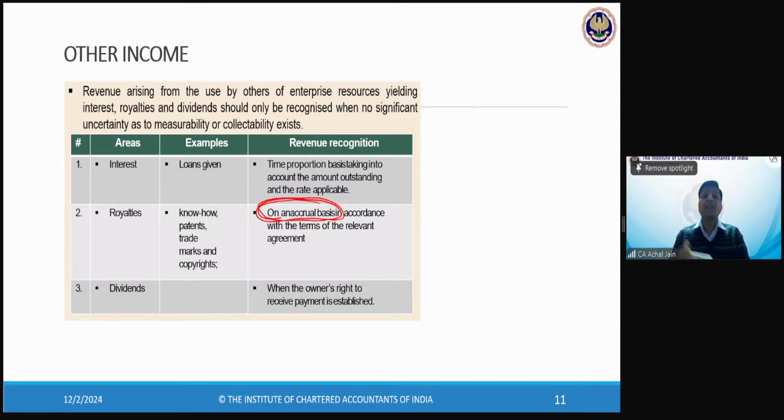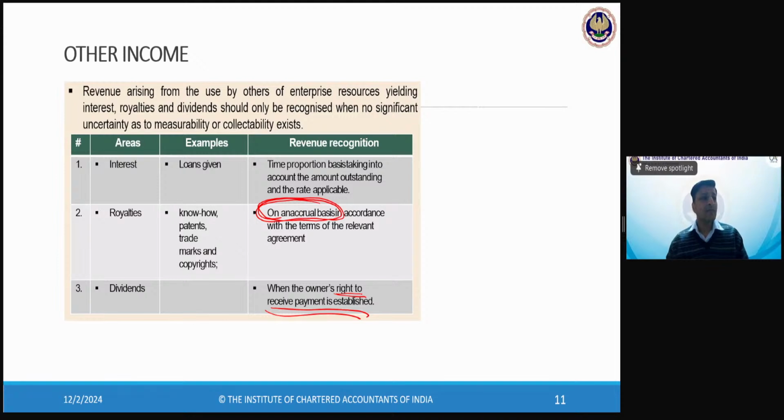Dividend income will be recognized when the right to receive the dividend income is established, which means when you are sure that yes, dividend will be received. We are not saying when the dividend payment is received. No, when the right to receive payment is established, that is when the dividend income will be recognized.